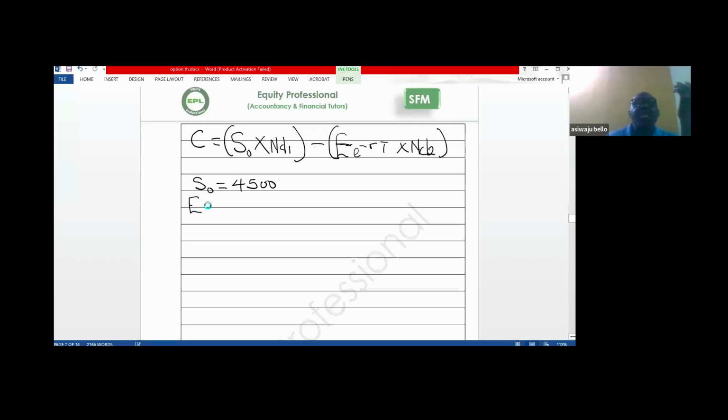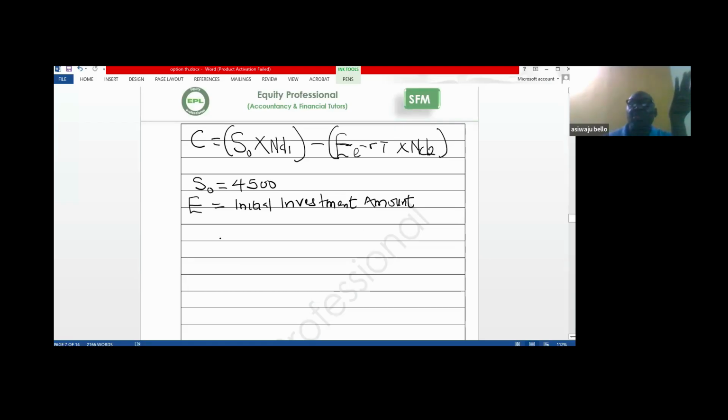Your E is the initial investment amount. This figure was not given to us directly, but we can derive it.